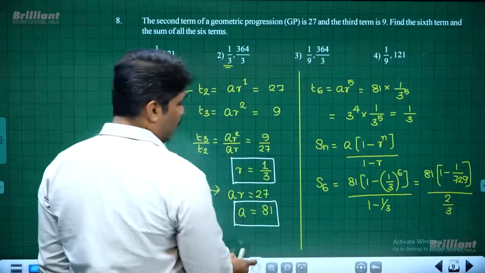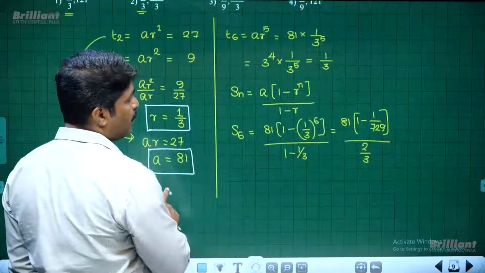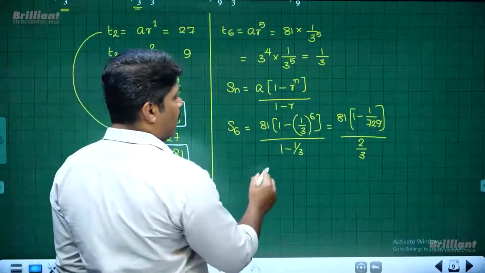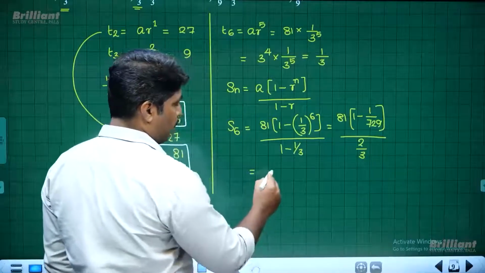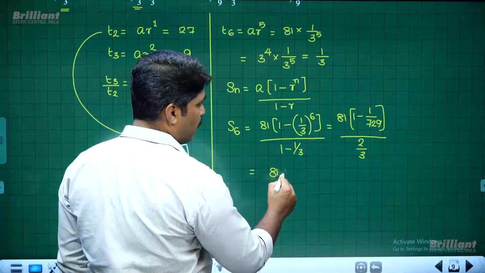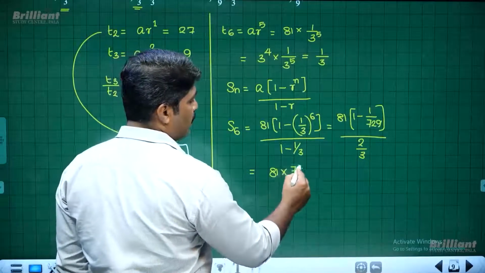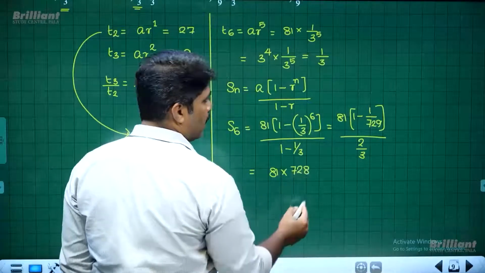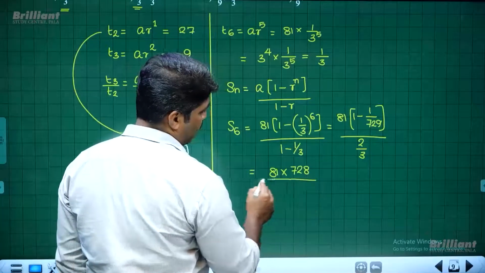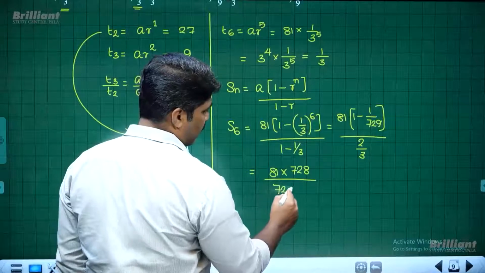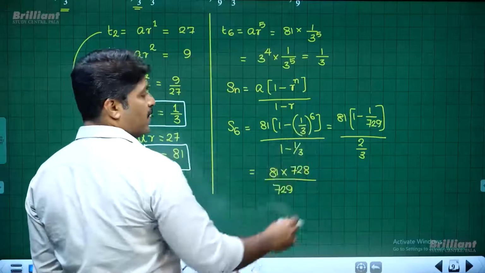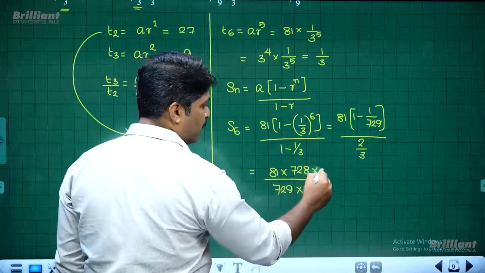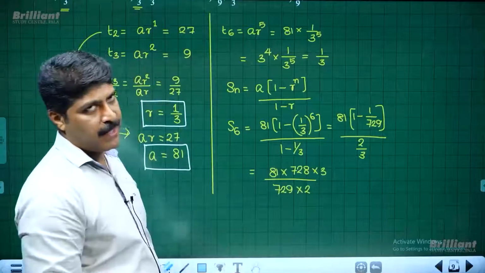Then we can simplify this step of operation. If we do the simplification, this is equal to 81 into 728 by 729, whole divided by 2 by 3. Take this 2 over here, but this 3 goes to the numerator.